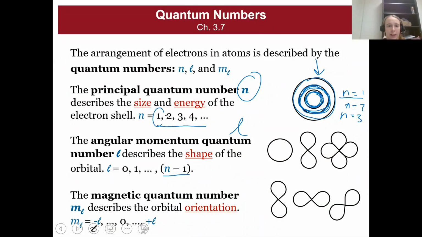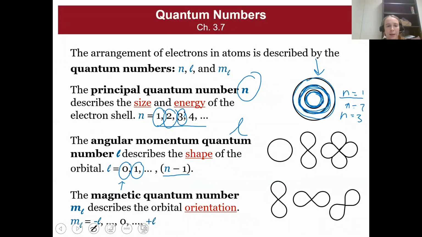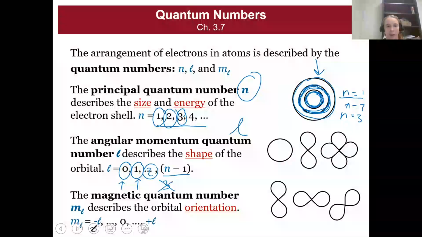So here, if n equals 1, L has to be 0. If n equals 2, L can be 0 or 1, but it can't be any bigger. If n equals 3, again, L can be 0, 1, or 2 now, but it can't be 3. It can't be the same as n. It has to be less than n.